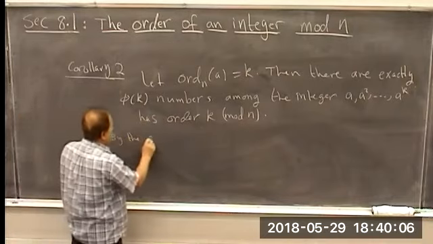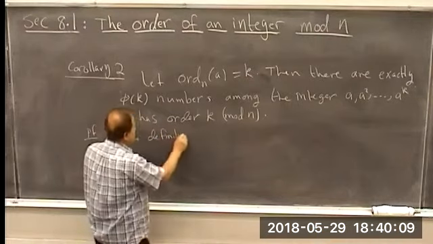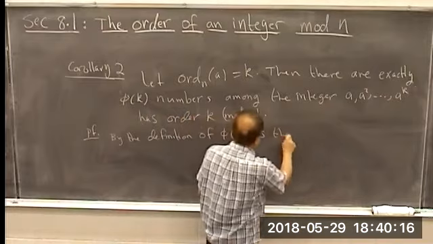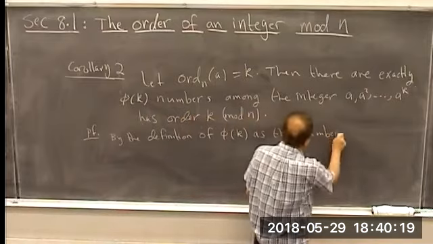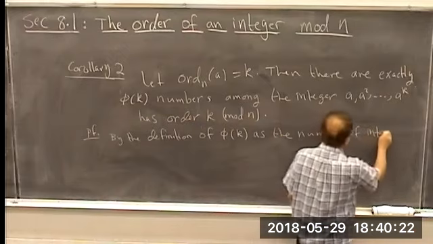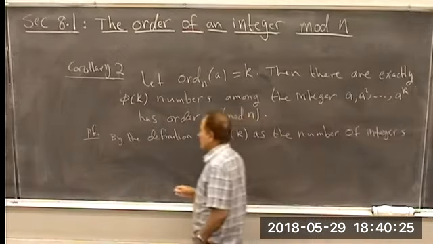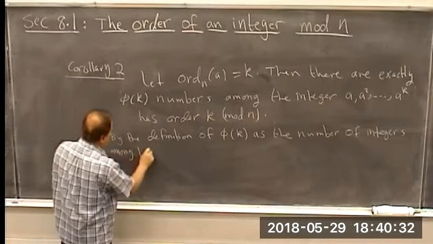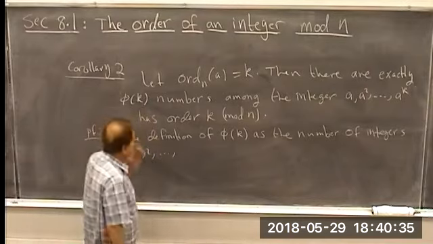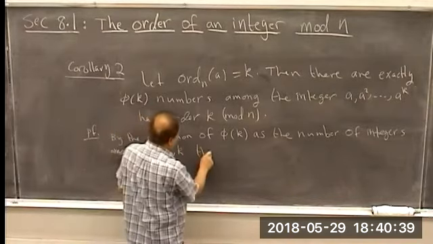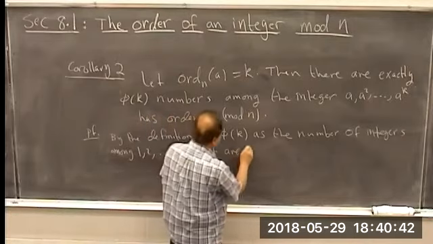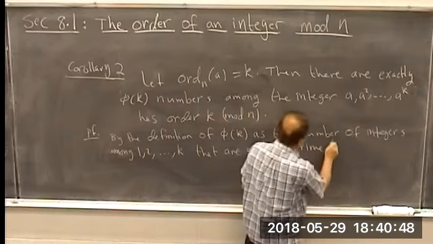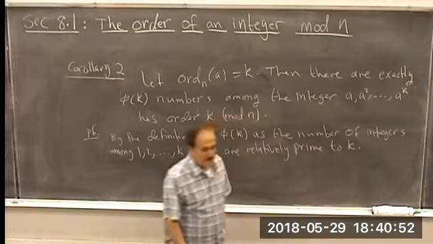By the definition of phi of k as the number of integers among 1, 2, up to k that are relatively prime to k. So this is the definition of phi of k.